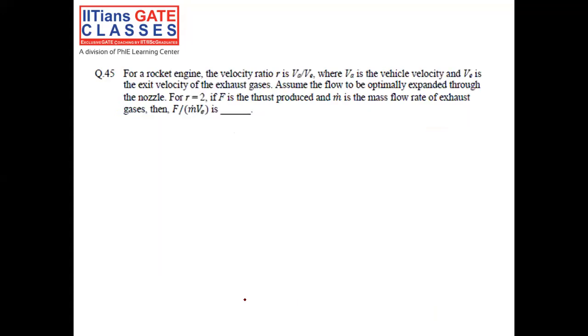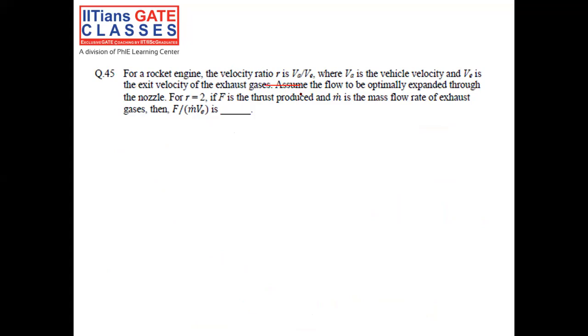Next question. So this question is from rocket propulsion. It is said that for a rocket engine, the velocity ratio R is given by V_A divided by V_E, where V_A is the vehicle velocity and V_E is the exit velocity of the exhaust gases.